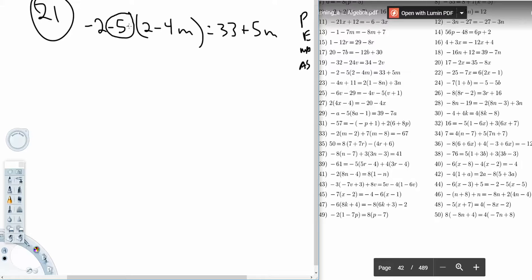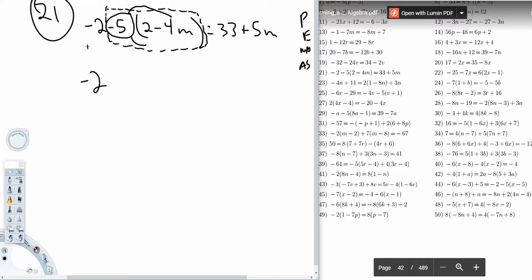And when there's no sign to the left of a bracket, what this is really saying, this whole side of the equation, is minus 2 minus 5 times 2 minus 4m. We're splitting it up into minus 2, and then we're taking the minus 5 and multiplying it by each element in that bracket. So let's get this show on the road.